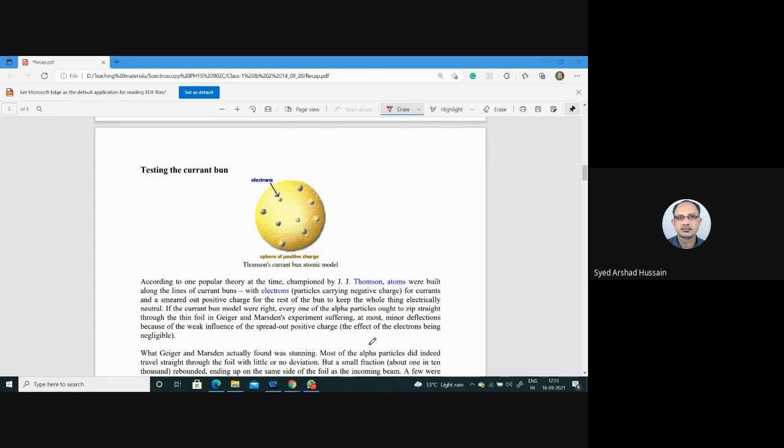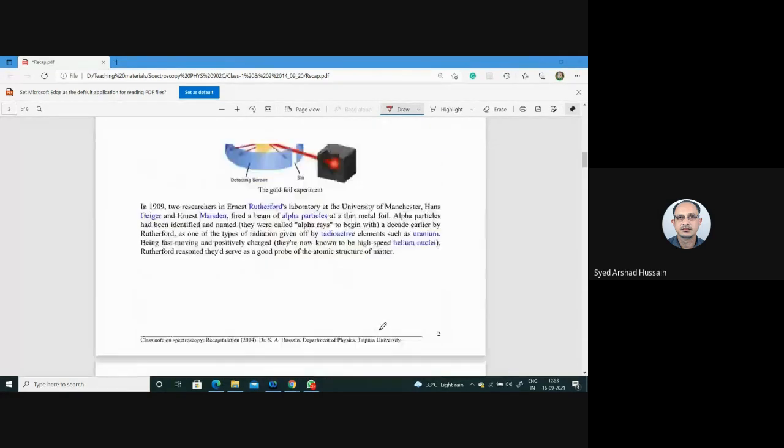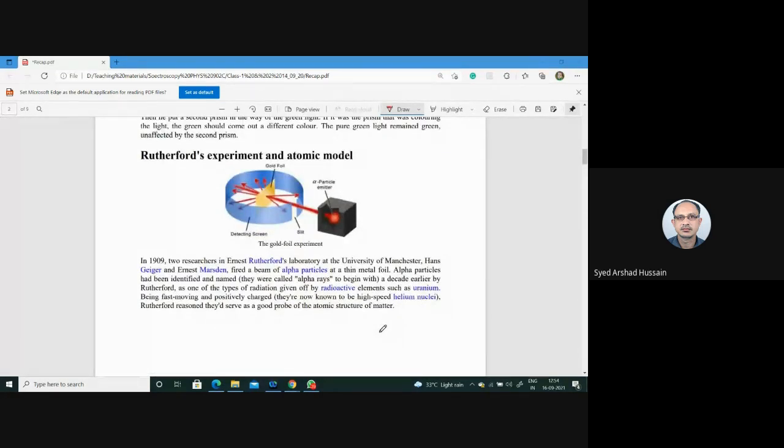But after a few days, in Rutherford's lab, two students, Geiger and Marsden, visited Rutherford's lab. Rutherford had already discovered the alpha ray a few years back.